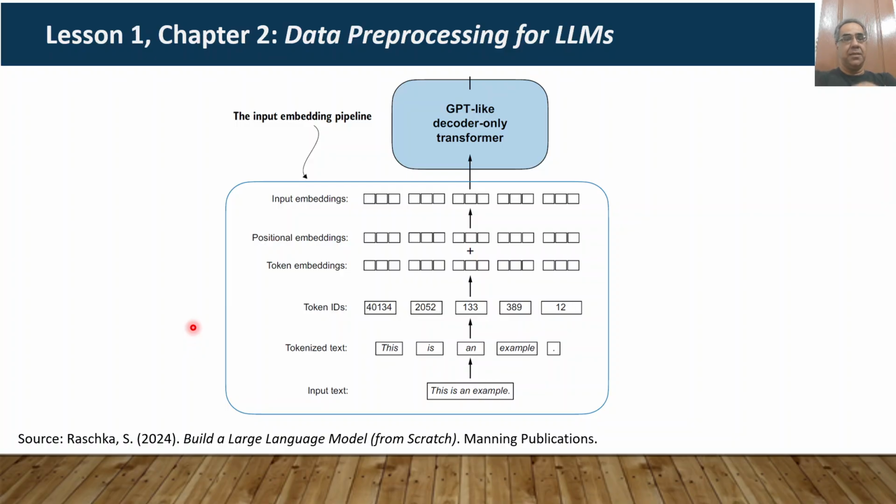Then these tokens are converted into token IDs using the vocabulary. And finally, the token IDs are converted into embedding vectors to which positional embeddings of a similar size are added, resulting in input embeddings that are used as input for the main LLM layer.